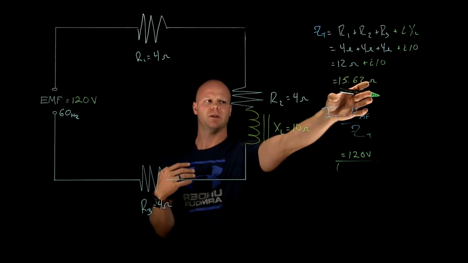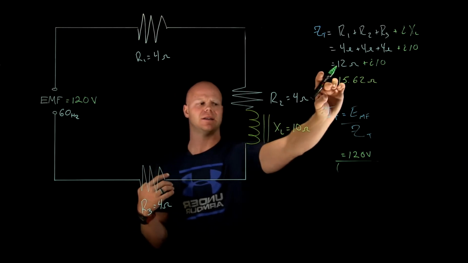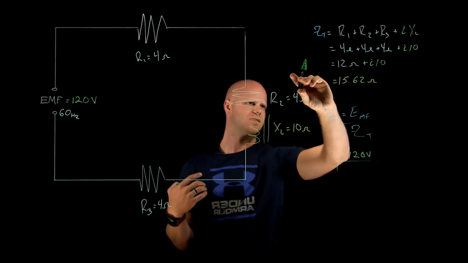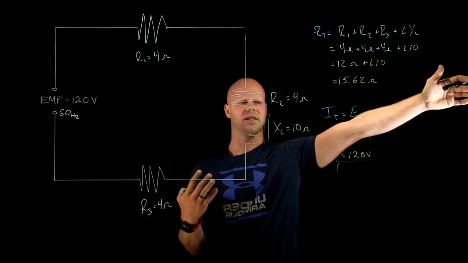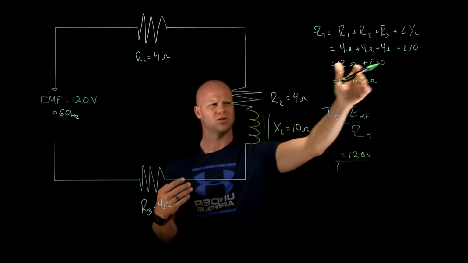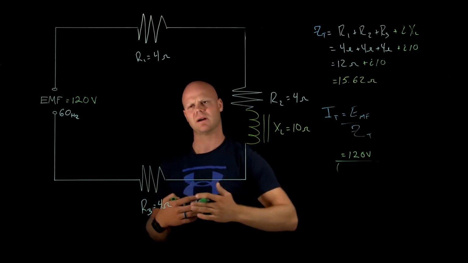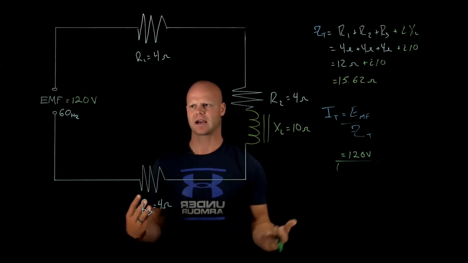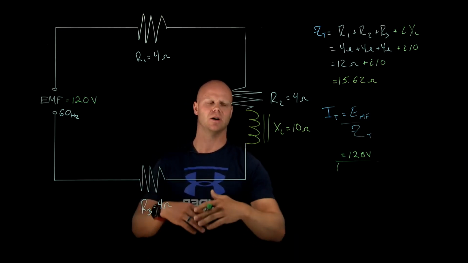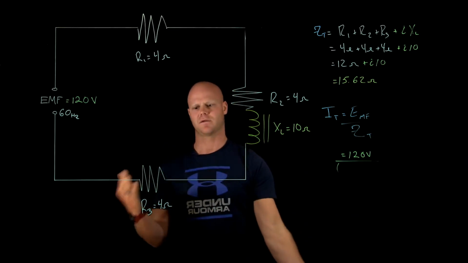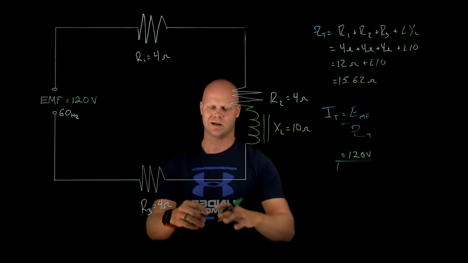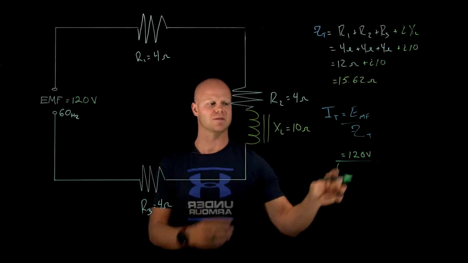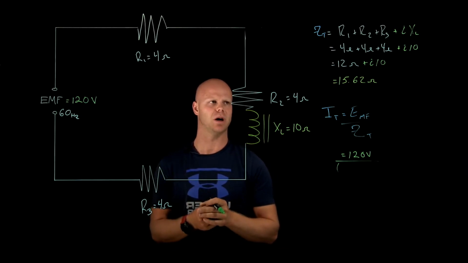If I just take 15.62, when you calculated this impedance, you would have probably seen the decimal points were like 10 digits long. So if I just carry over 2, I'm now losing a point of accuracy. So if we're trying to be as accurate as possible, given our parameters, I know if you're thinking about significant figures, technically I can only go to 1. We're going to leave it. We want to carry as many values forward as possible.